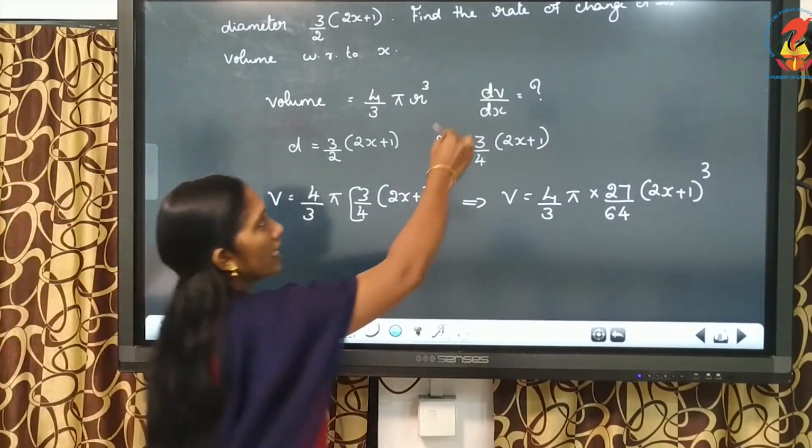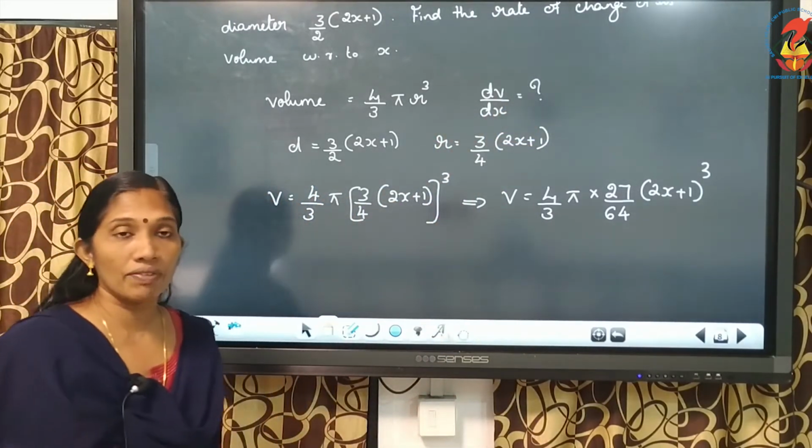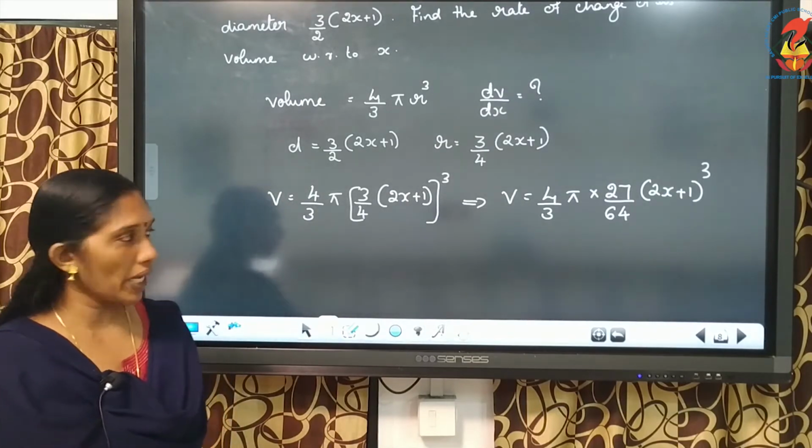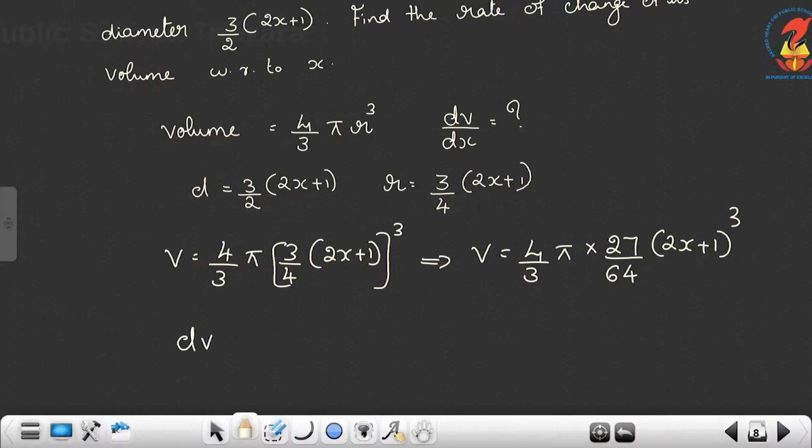So this is the expression for V. Then we have to find dV by dx, the derivative of V with respect to x. So differentiate with respect to x. The constants we can take out; we can cancel 3 and 27, that is 9. Here 4 and 64 is 16. So 9/16 pi.